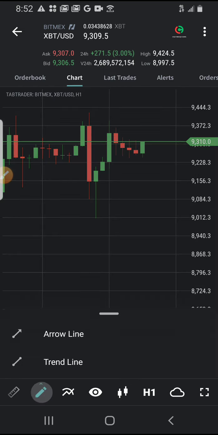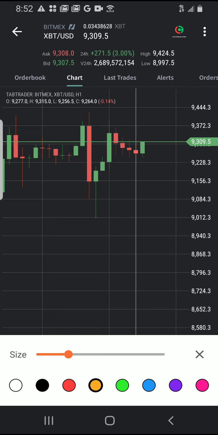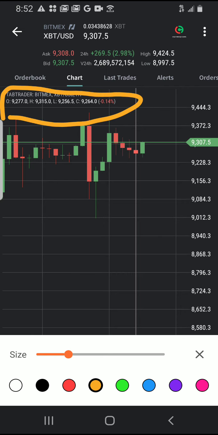Now I'm going to show you something. Let's just highlight here. You see here, it says opened at 9,277, highest 9,315, lowest 9,256, closed at 9,264.